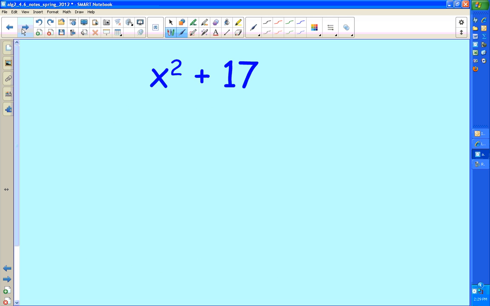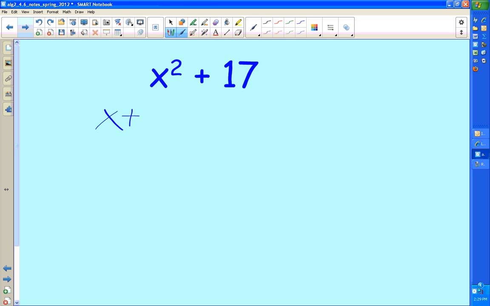How's it factor? Come on, don't overthink it. X plus... 17. Yes, you can. Complex numbers, come on. Stop thinking it's too hard.